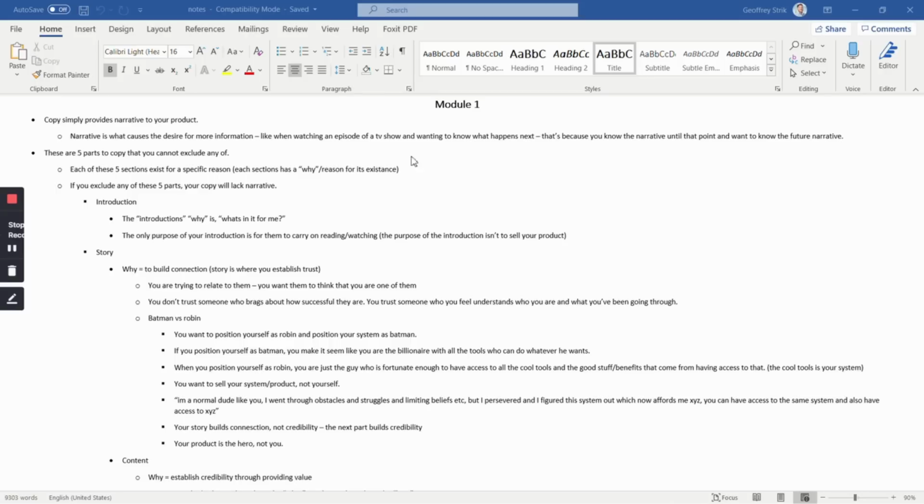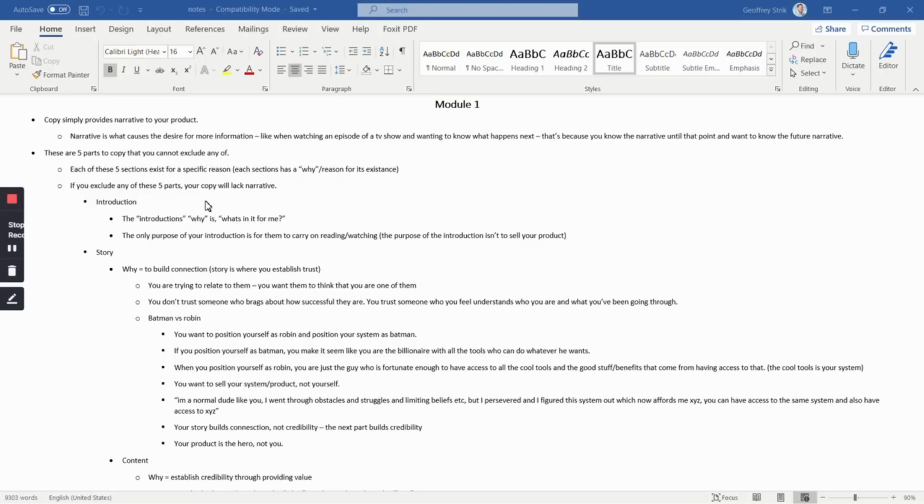Cool. So there are 5 parts of copy that we don't want to exclude any of. It's vital to make sure that we craft copy that carries the correct narrative to help our prospects believe that our product or service is the solution to their problem.